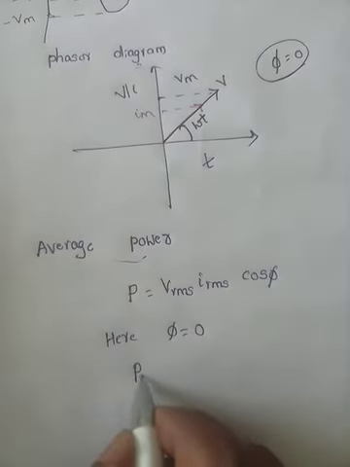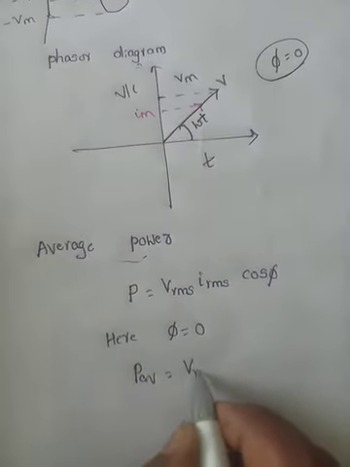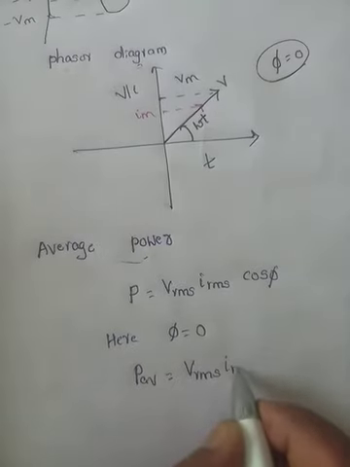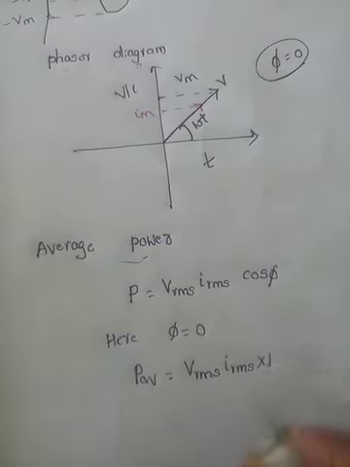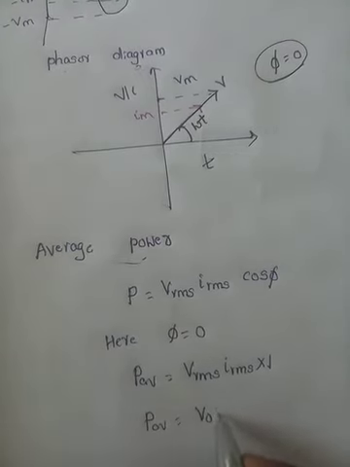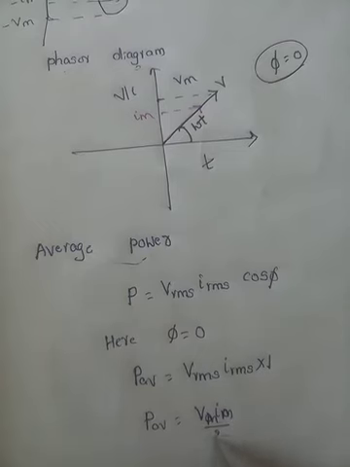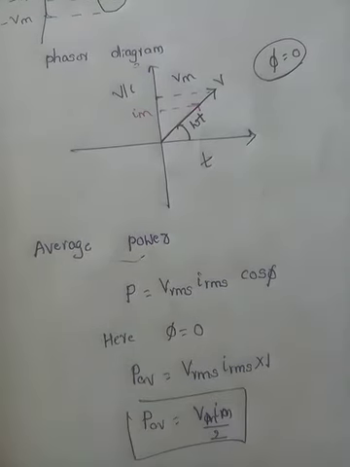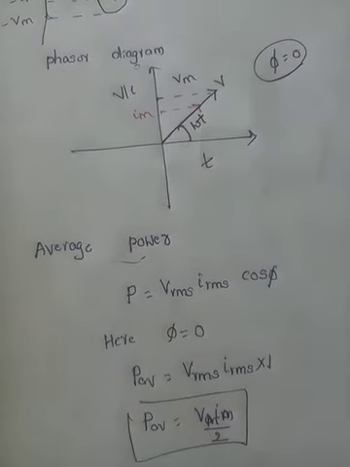So we can write P average is equal to Vrms into Irms into cos 0, which is 1. So P average is equal to Vm Im by 2. As we know, Vrms is equal to Vm by root 2. If you substitute that value, you get the answer.